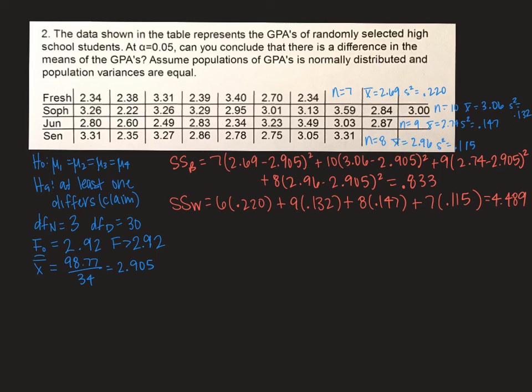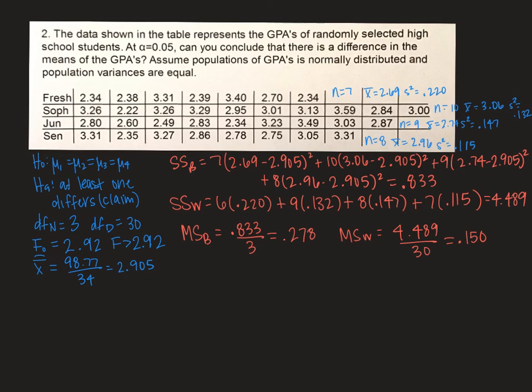Now we're going to use those to find MSB and MSW. So MSB, we're going to take that 0.833 and divide it by our numerator degree of freedom of 3, which gives us about 0.278. And then MSW, we're going to take SSW and divide it by our denominator degree of freedom of 30, which gives us about 0.150.